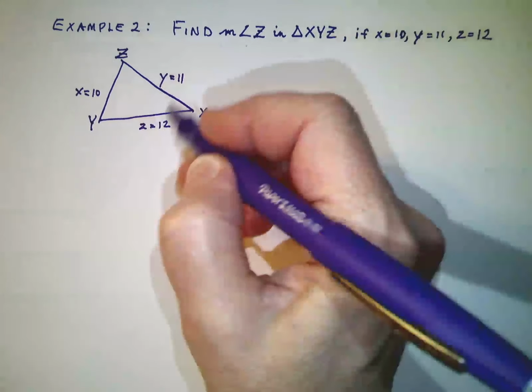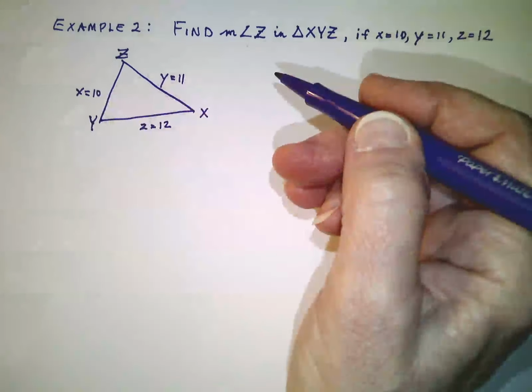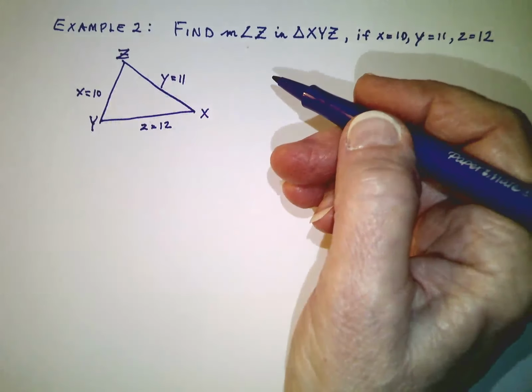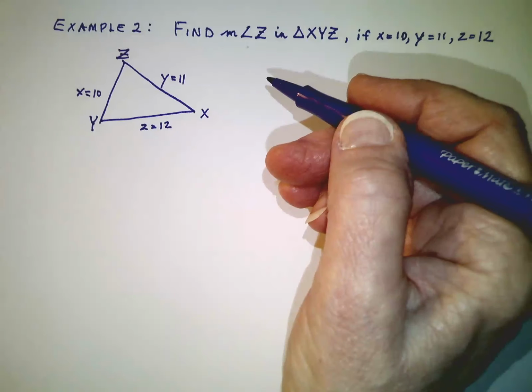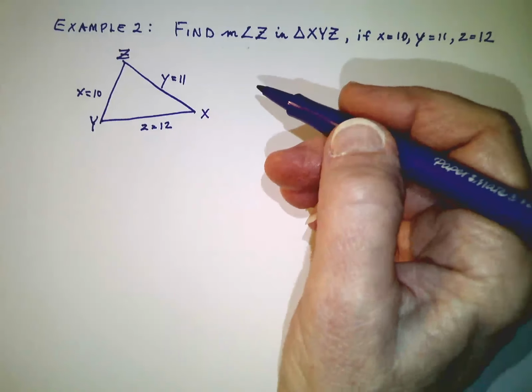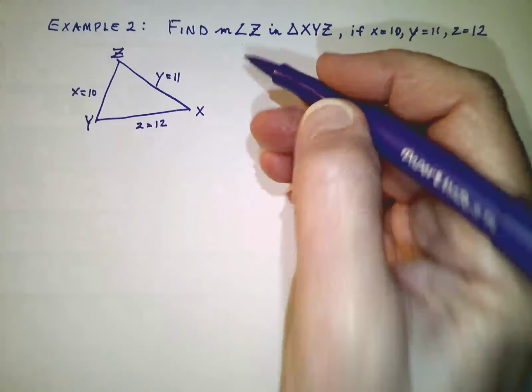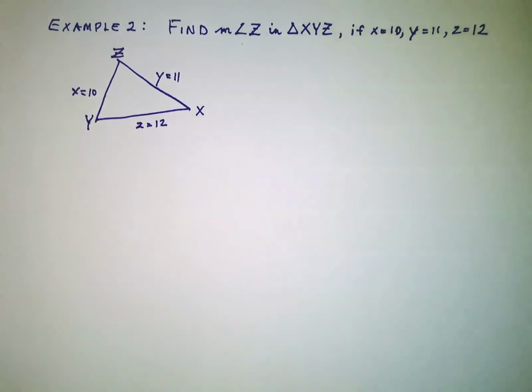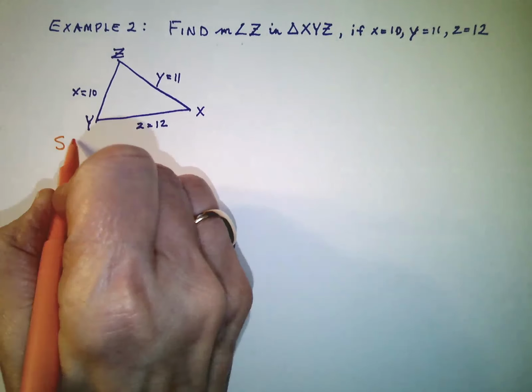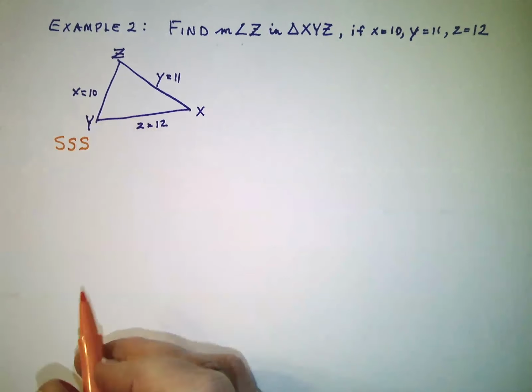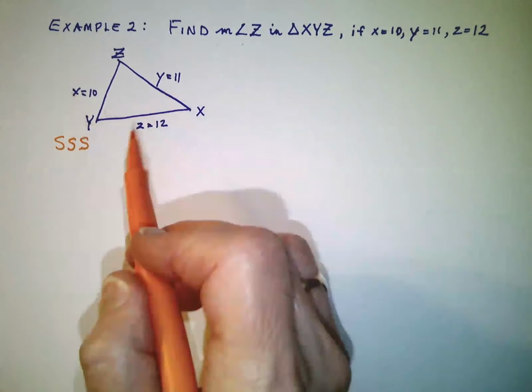So we know what the lengths of the 3 sides are. We do not know any of the angles. And for the law of sines to work, we have to have an angle and its opposite side. This is side-side-side. That's the information we're given.